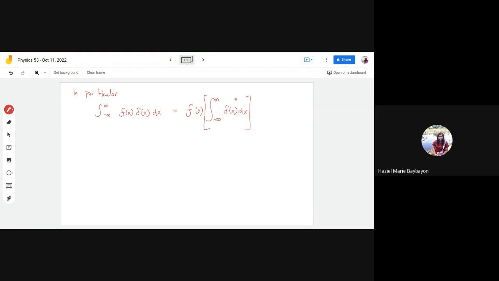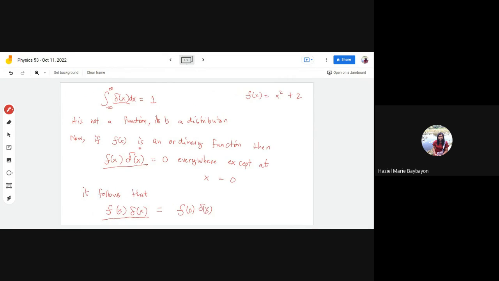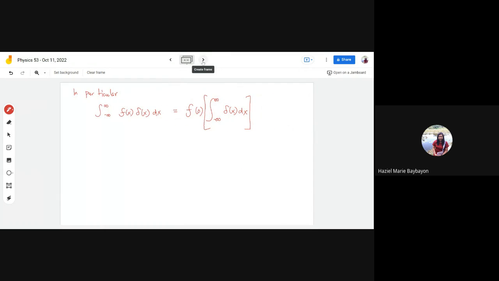Now we know that the integral of the Dirac delta function over all space is just equal to 1. Therefore, this integral here is just equal to f of 0.